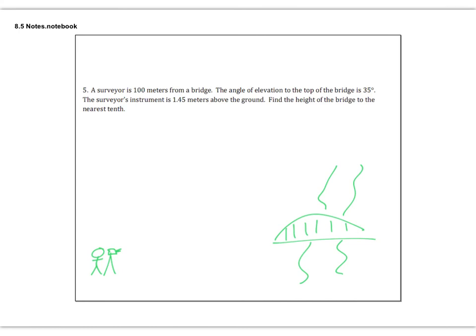From the lens here to the top of the bridge, that's the angle of elevation. From the horizontal line of sight to the top of the bridge is 35 degrees. Now this height right here is 1.45 meters above the ground.